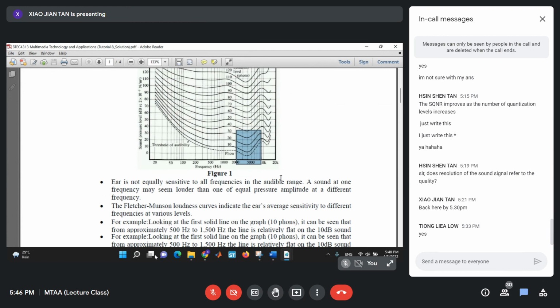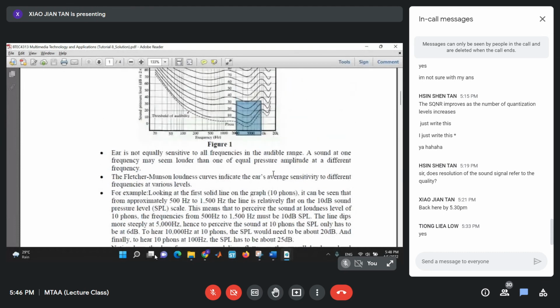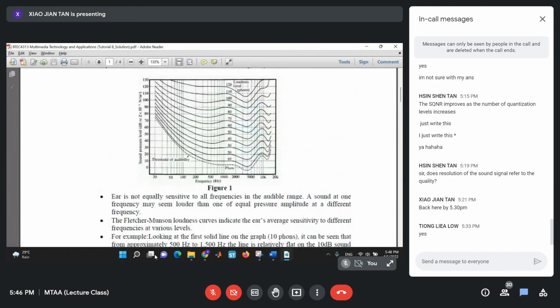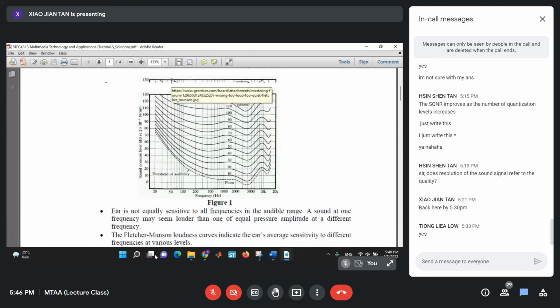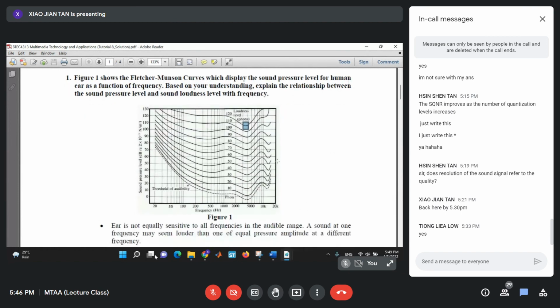Okay. So notice how the low frequency curve line flattened as the overall loudness increased. So basically, this is very high, this is very low. And from here, of course, the graph should be extended until somewhere around here. Nonetheless, the gap between this point and here is very small, and this point until here is larger.